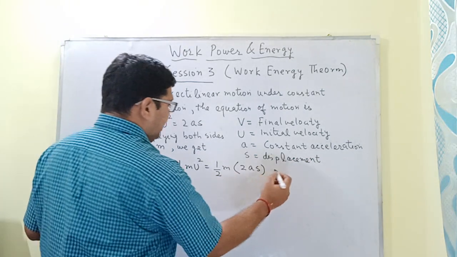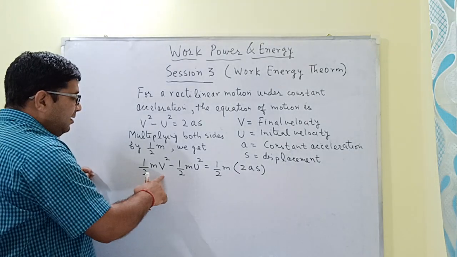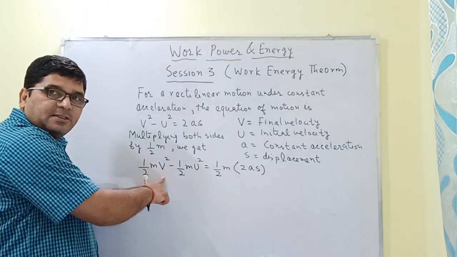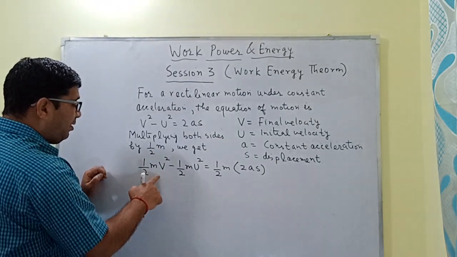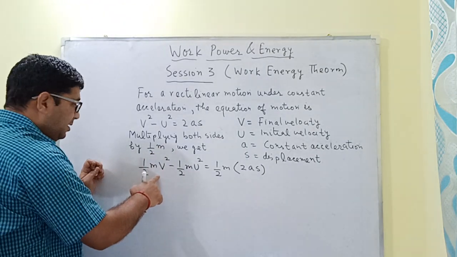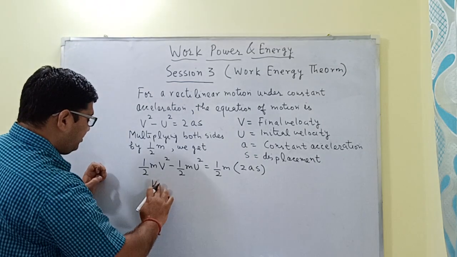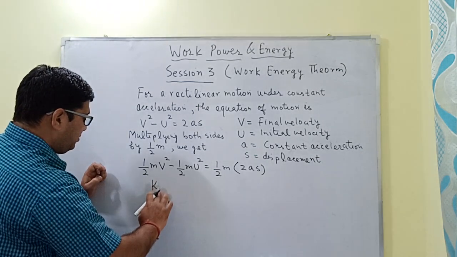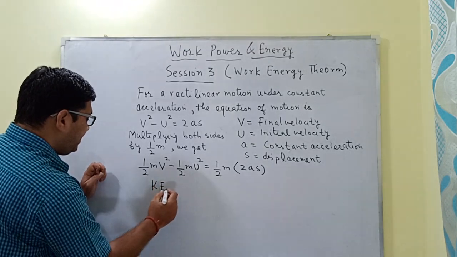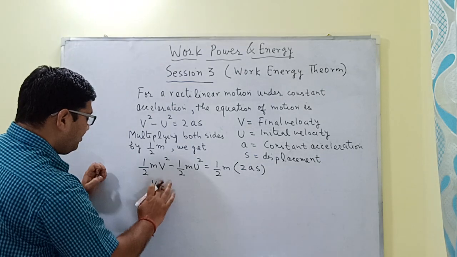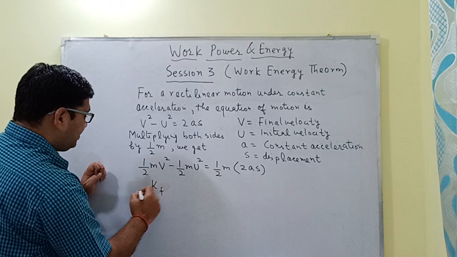So इसको हम क्या लिख सकते हैं? Now half mv square is what? This is the kinetic energy. So the kinetic energy of that object, it is the final kinetic energy of an object, which I am writing here as kf. ठीक है?